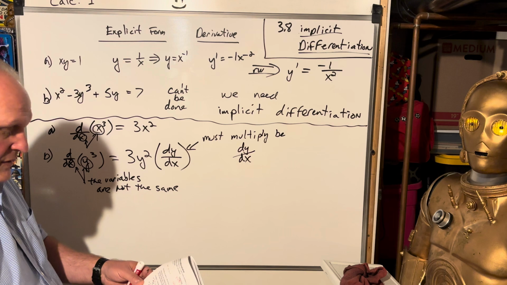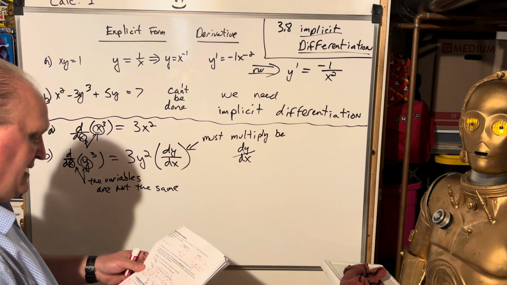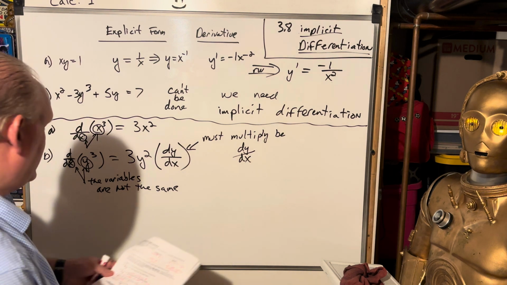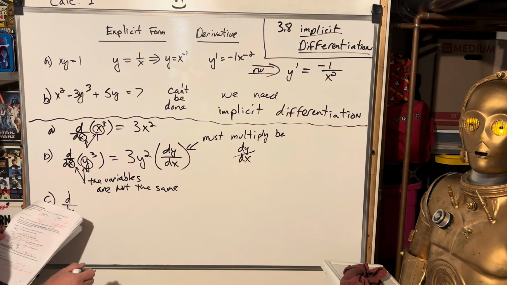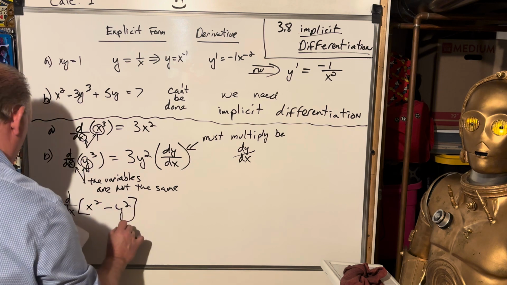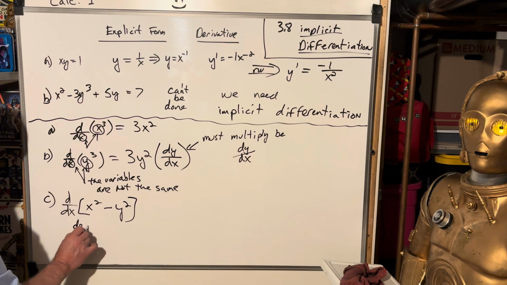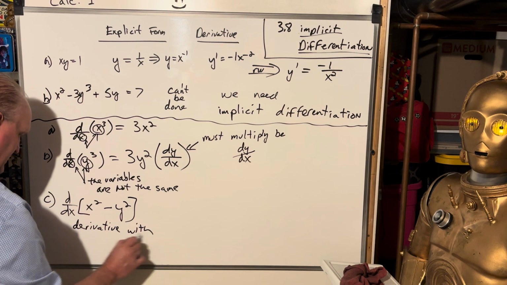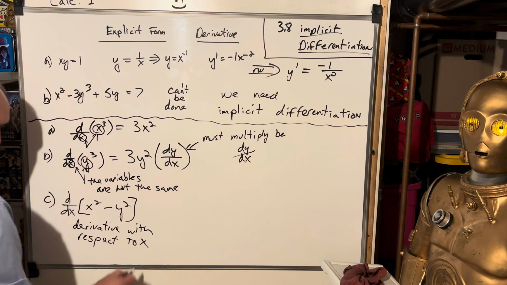All right, what about if we have one of each? They have it written out, so I'm not going to rewrite that. The way we read this, d dx of x squared minus y cubed, is we are doing the derivative with respect to x. So what does that mean?